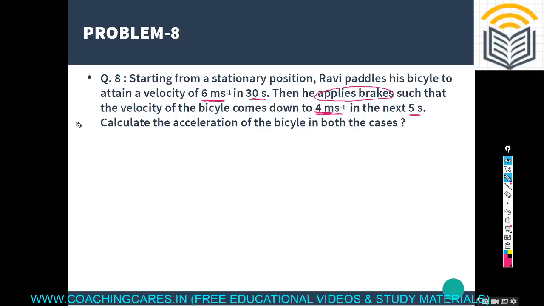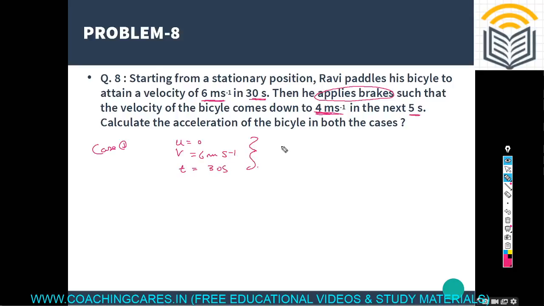Let us take case 1. Initial velocity of the bicycle is u equal to 0, v is equal to 6 meter per second, t is equal to 30 seconds.